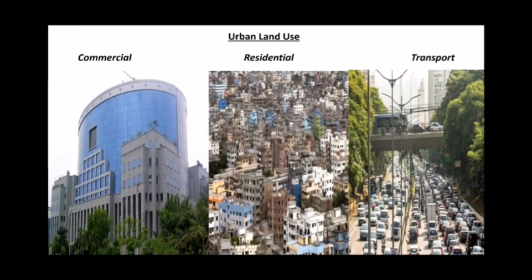Next is the transport land use. Now, children, everywhere transportation is necessary. So, even in cities, we have transportation as a land use. These facilities are important for the movement of goods and people.